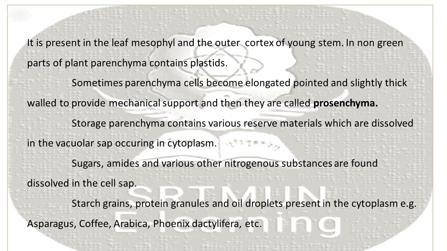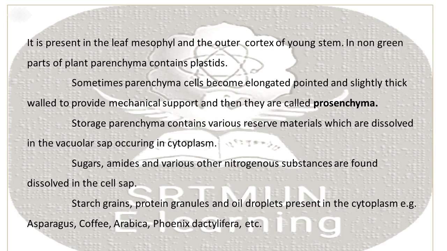Storage parenchyma contains various reserve materials which are dissolved in the vacuolar sap occurring in cytoplasm. Sugars, amides or various other nitrogenous substances are found dissolved in the cell sap. Starch grains, protein granules, and oil droplets are present in the cytoplasm.